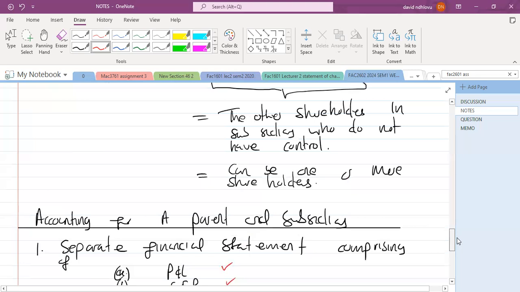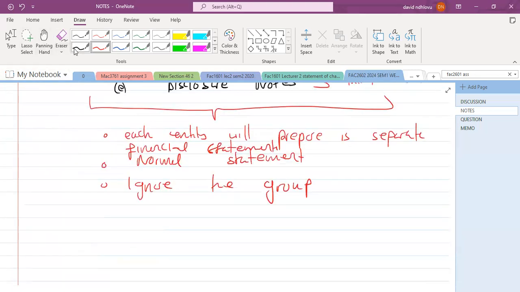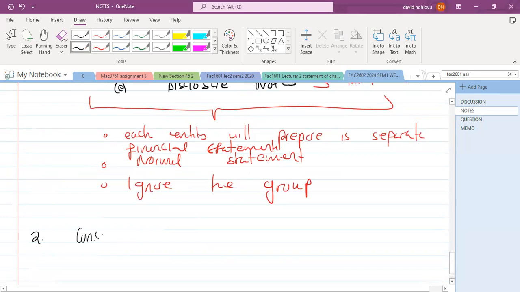Then we also have what we call consolidated financial statements.